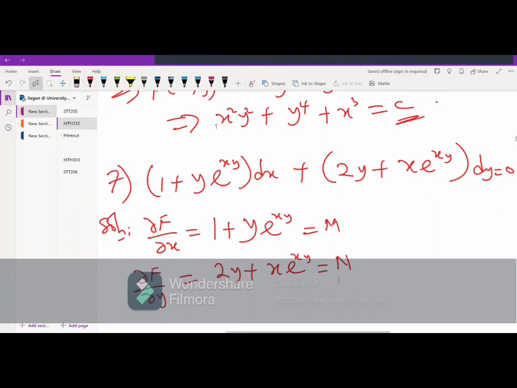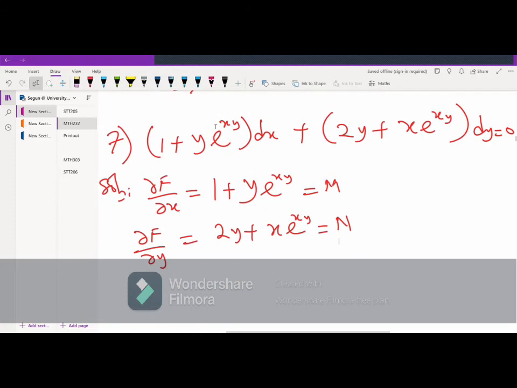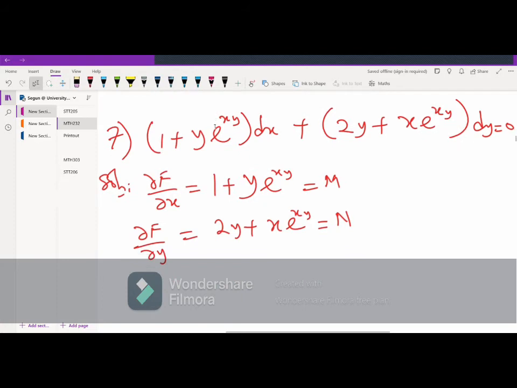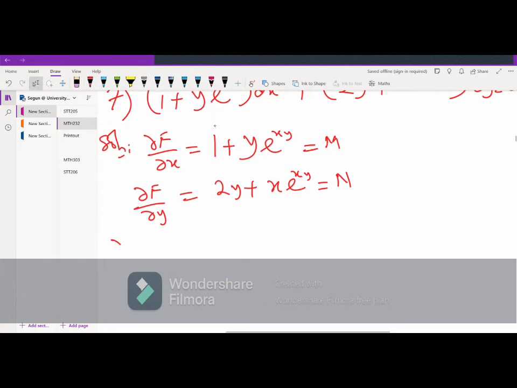Okay, let's prove whether we have exact. The partial of m with respect to y is equals to what? Let's prove it. Anybody? Exponential xy plus what? I said xy exponential xy.